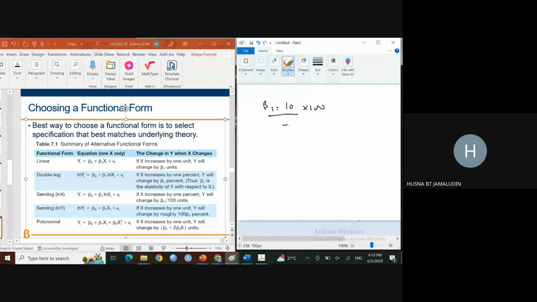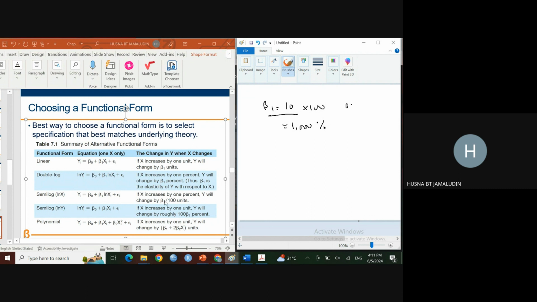So what happened to your beta 1? You're going to have 1000%. Is it clear? Okay. Normally the example will not be 10. They will give you in terms of 0 point something something. But I just want to give you the same example so that you can see the differences.